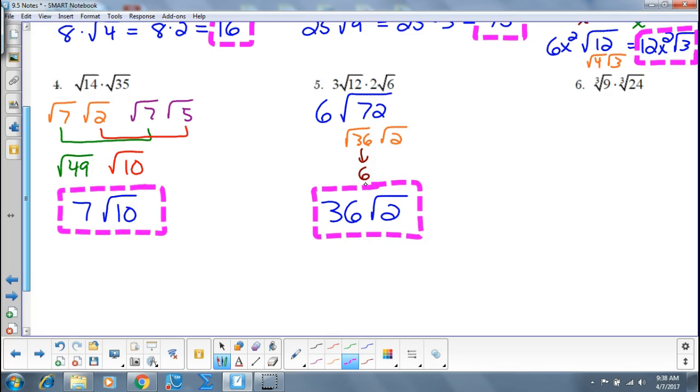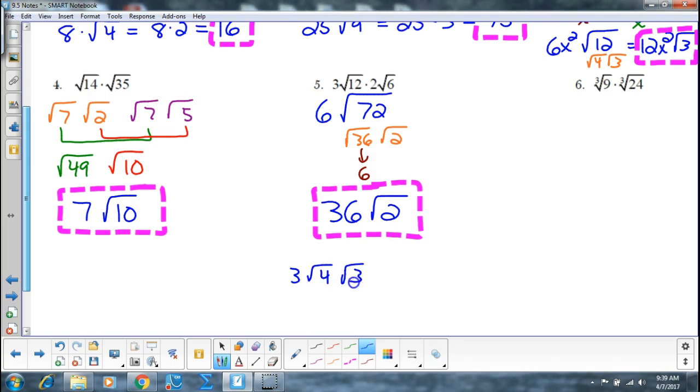Can you do it the other way too? Which other way? The lots of ways? Okay. So the lots of ways would be 3, square root of 4, square root of 3, right? Times 2, and then I'm going to go square root of 3 and square root of 2.